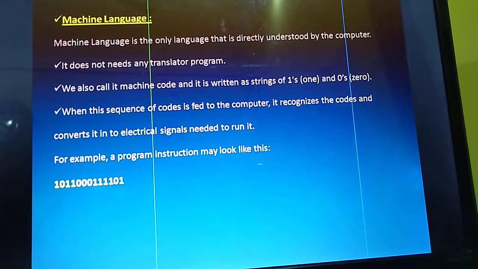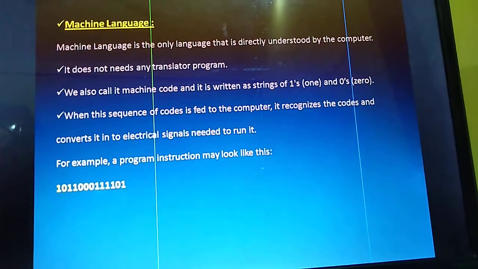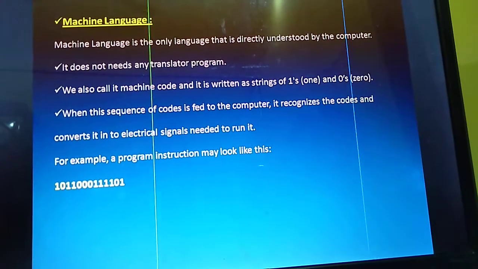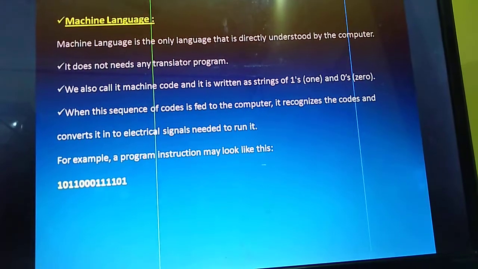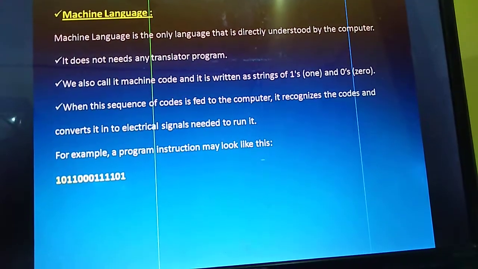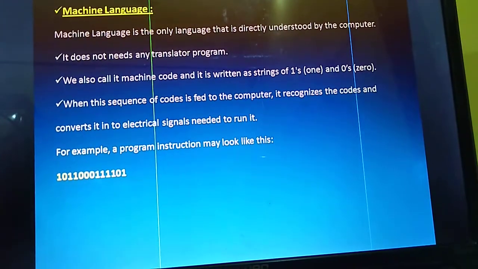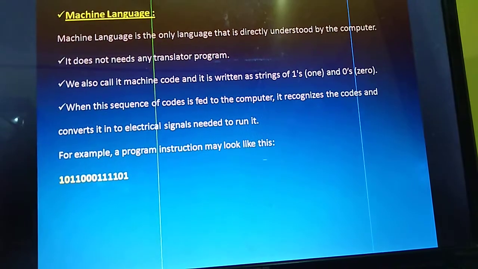We also call it machine code, and it is written as strings of 1 and 0. It simply means that the machine can only understand the language of 1 and 0. The machine language instructions are always written with ones and 0. That's why no translator is required.